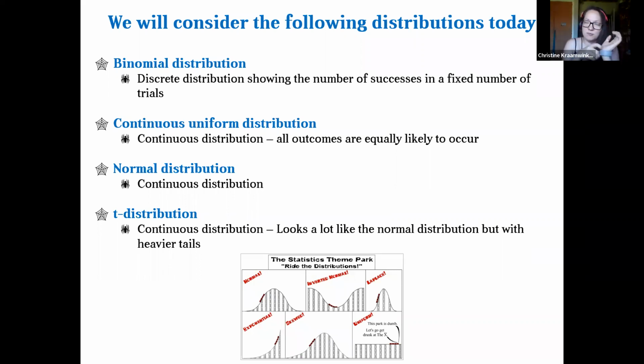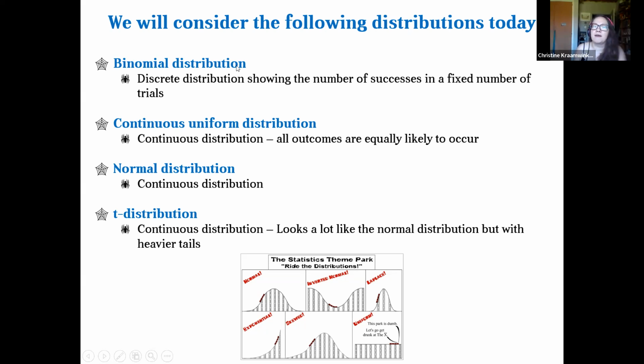There are a lot of other distributions as well, but binomial is one of the more used ones. Then the continuous uniform distribution is basically where all outcomes are pretty much equally likely. So if I drew a histogram of a continuous uniform distribution, it will pretty much be a flat line because all outcomes are equally likely.